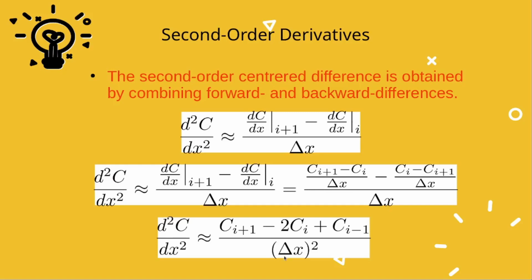Now, if I simplify this algebra, this delta x goes to the denominator and becomes a square term. I have the C of I plus 1, negative C of I minus the negative C of I will give negative 2 C of I. And then this negative will add up and form C of I minus 1. So this is our center difference form for our second order equation.